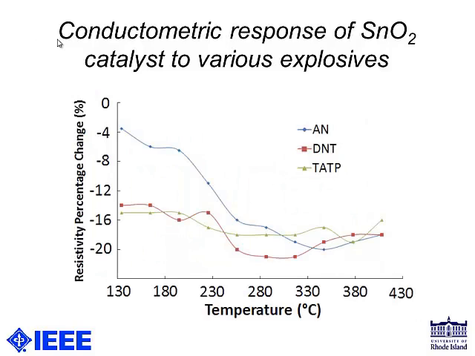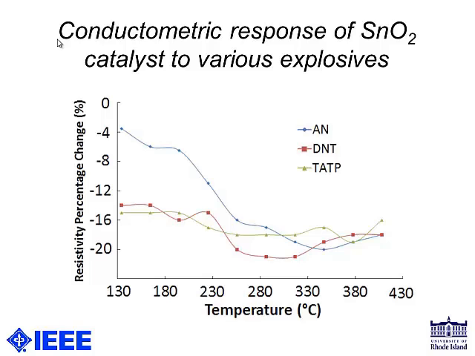So this is what we call the profile of each explosive material. As you can see, ammonium nitrate is proportional to temperature increase and peaked here at around 350 degrees C. DNT is the same, proportional to temperature, with a much shallower slope.